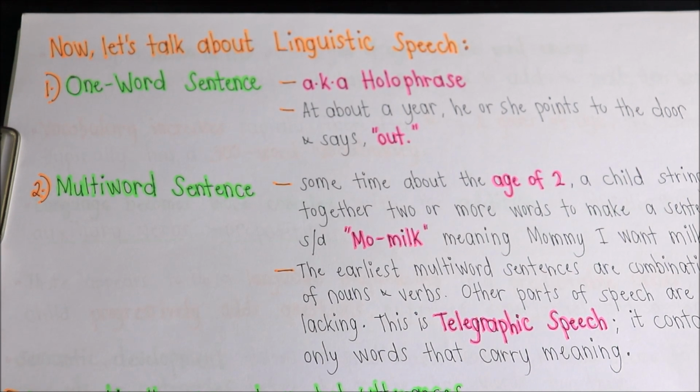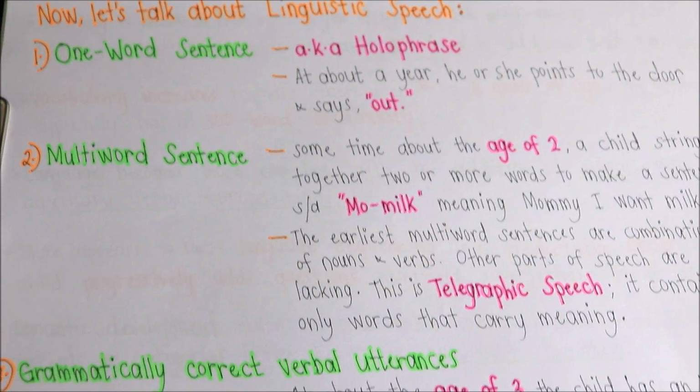Now let's talk about linguistic speech. Number 1, one-word sentence, also known as holophrase. At about a year, he or she points to the door and says, "Out." Number 2, multi-word sentence.